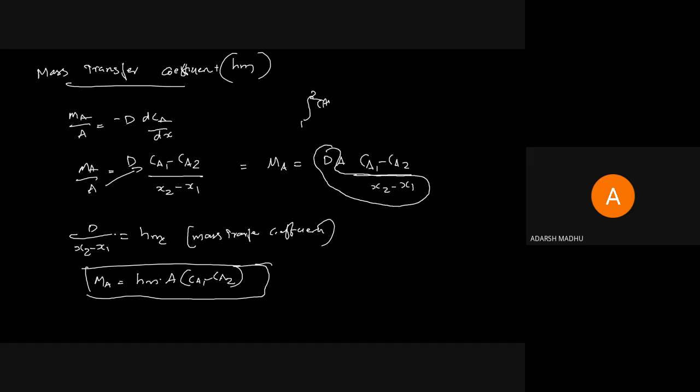MA equal to HM into A into CA1 minus CA2, so it is related to the concentration. You can also get an equation in terms of partial pressure. CA1 minus CA2 is the concentration difference, and PA1 minus PA2 is the partial pressure difference.